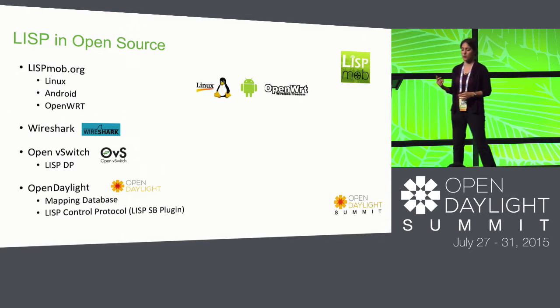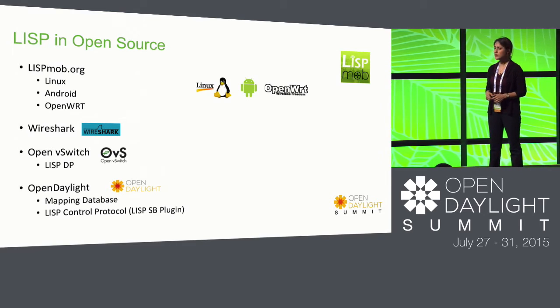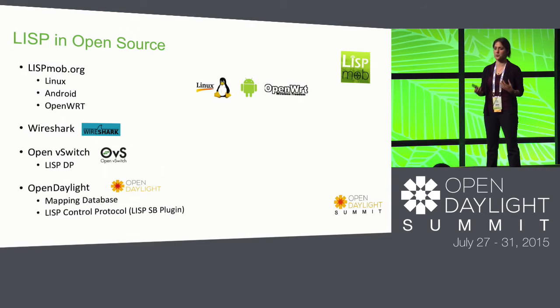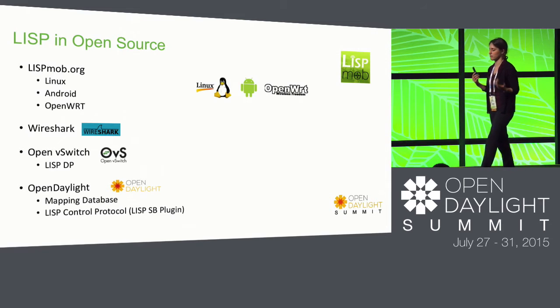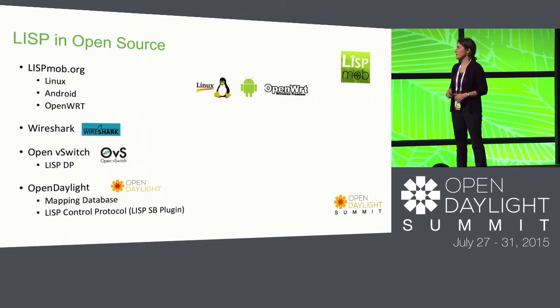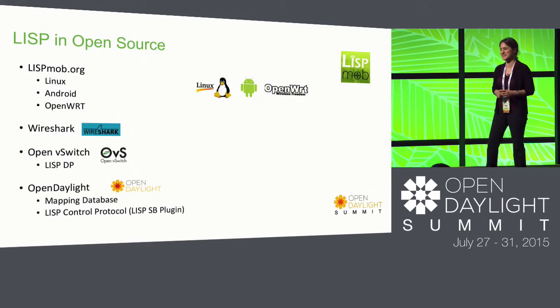And it's also available on Android and OpenDaylight. In fact, some of our members have been running LISP on their Android phones for a couple of years now. And that's the phone that they use. So we eat our own food.